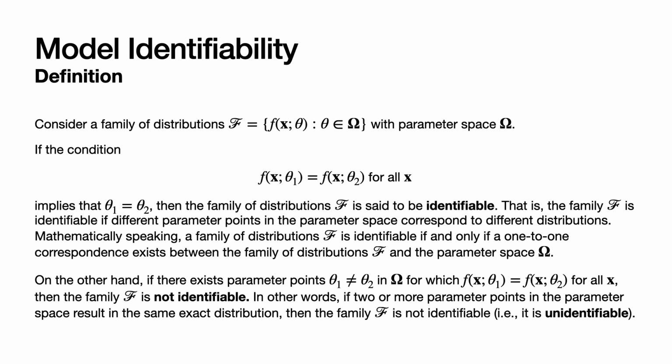On the other hand, if there exist parameter points theta 1 and theta 2 that are different, for which f of x when theta 1 is the parameter is equal to f of x when theta 2 is the parameter, and that equality holds for all x, then the family script F is not identifiable. In other words, if two or more parameter points in the parameter space result in the same exact distribution, then the family script F is not identifiable. And we often say that it's unidentifiable.